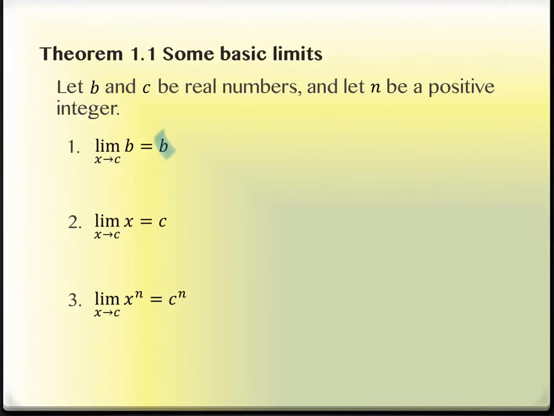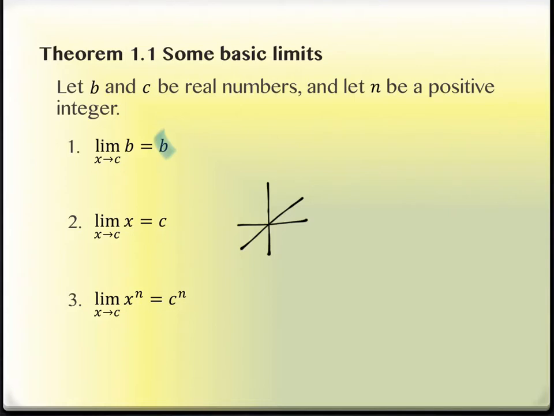On the second one down here, you've got a limit of the graph y equal x. Our graph y equal x is one that you're very familiar with. It looks like this. At every x value, the y value and the x value match. So it seems quite reasonable that if the x value is approaching c, the limit, which would be the equivalent of the y value, would also be approaching c. Right?